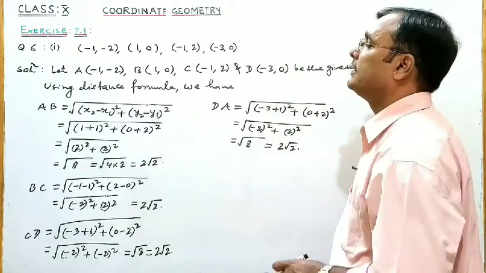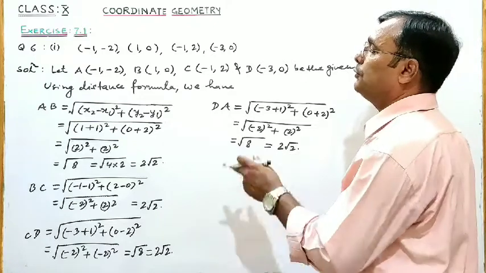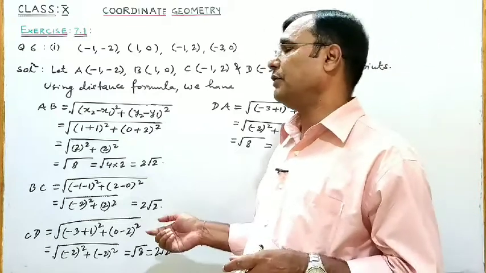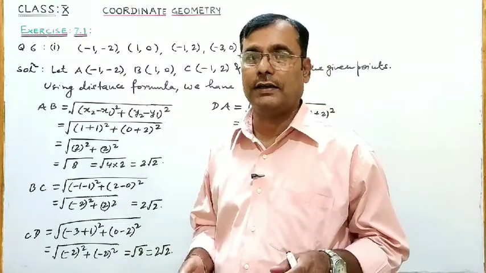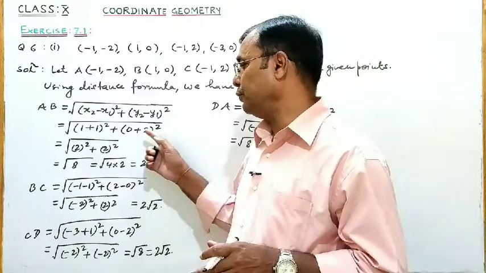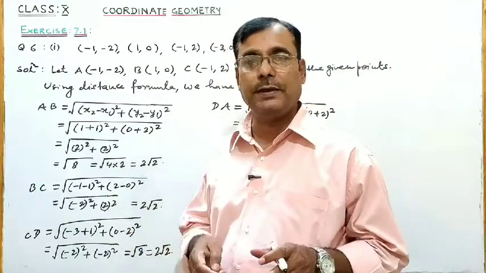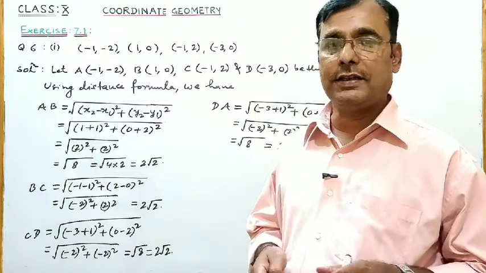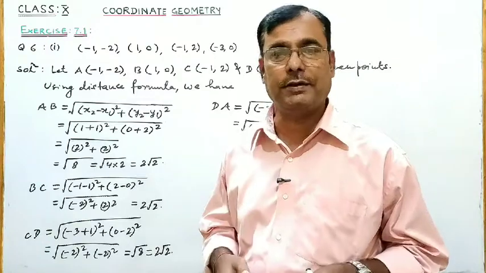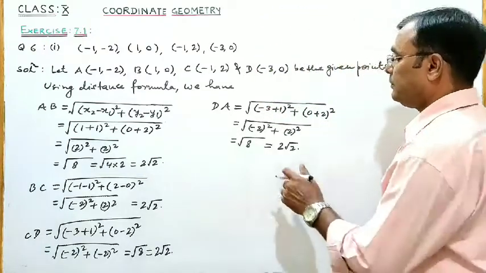Based on diagonals of this quadrilateral whose four sides are equal, we can decide whether it is a square or a rhombus. If diagonals are equal along with four equal sides, then it will be a square. If diagonals are unequal with four equal sides, then this quadrilateral will be a rhombus.